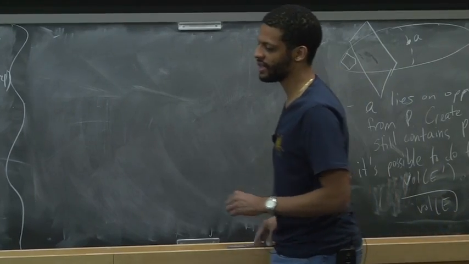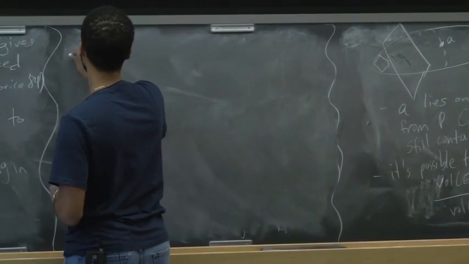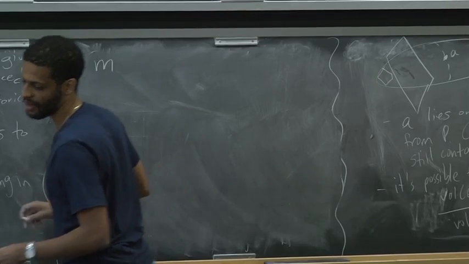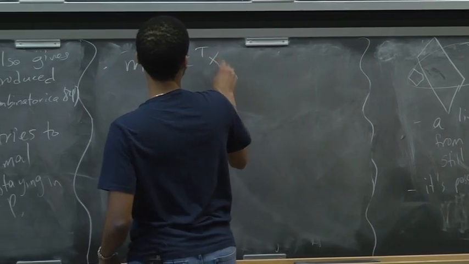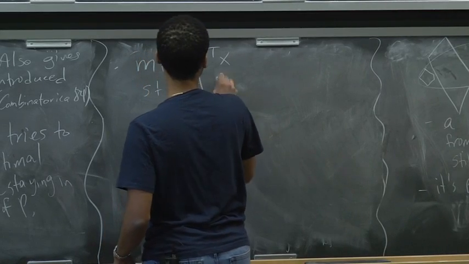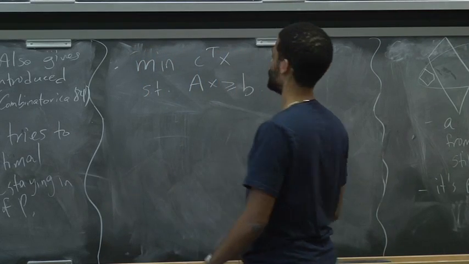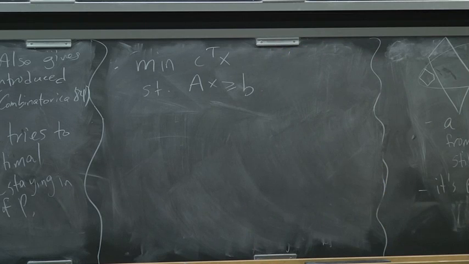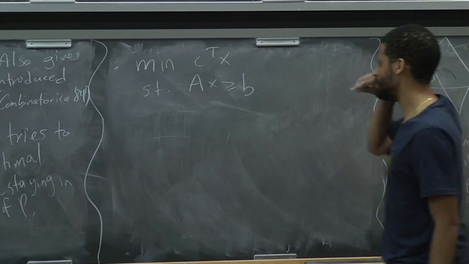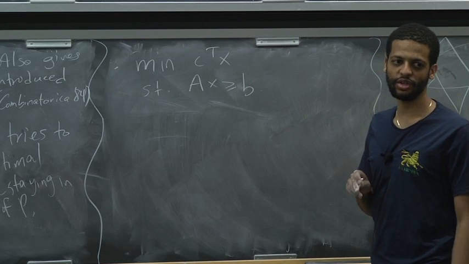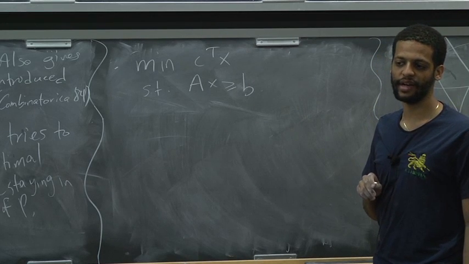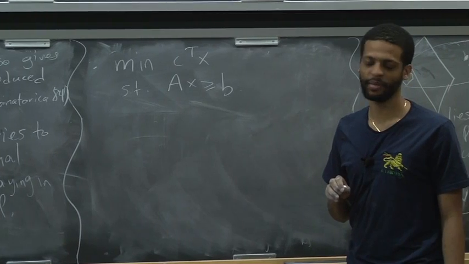Okay, and so we're going to look at things of the form min of c transpose x such that Ax is at least b. And we're going to turn this into an unconstrained optimization problem.